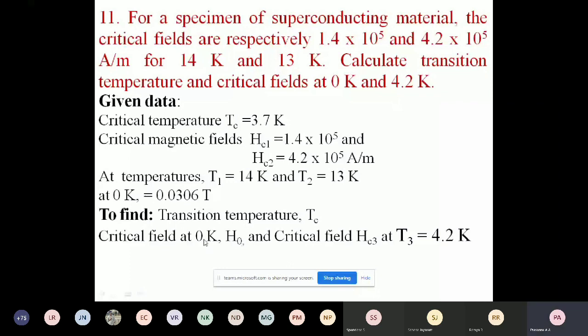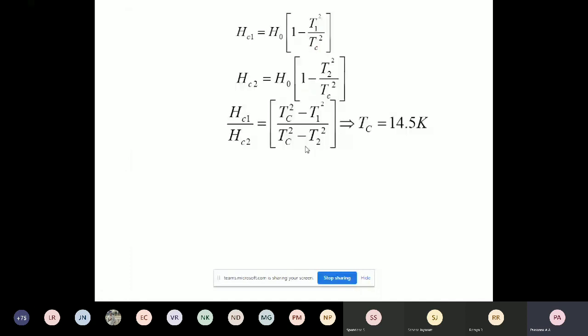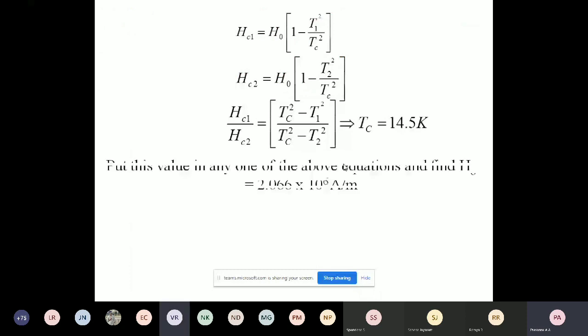Okay, anyway, come back to the page where I was saying that Tc can be calculated using this equation, and put this Tc value in any one of these two, so that you will get the value 2.066 or approximately 2.1 into 10 power 6 ampere per meter. And now you have the values of Tc and H0.